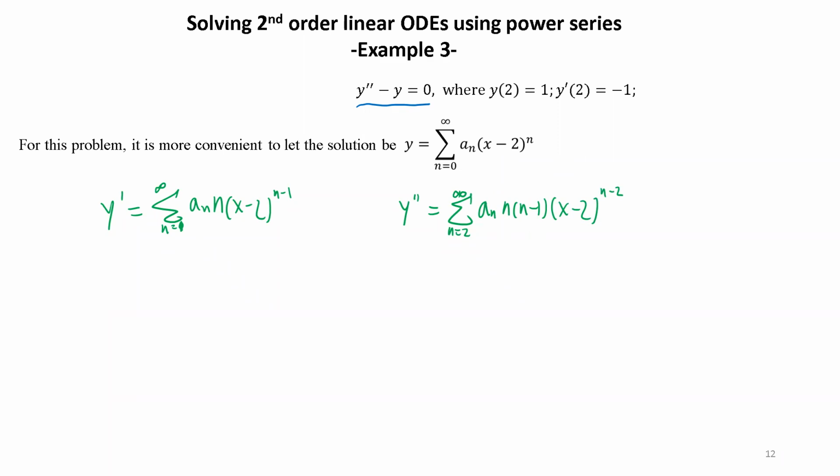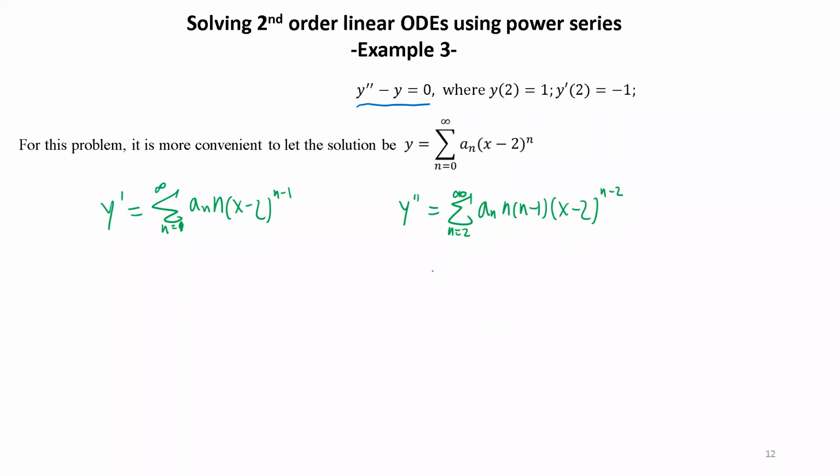So again, what you're going to do is to substitute your series back to the equation, right? And you know that you're going to do the shift of index, right? So this term comes with this power of n minus 2, and this term comes with the power of n, right? So I want to have this power also becomes n, right?